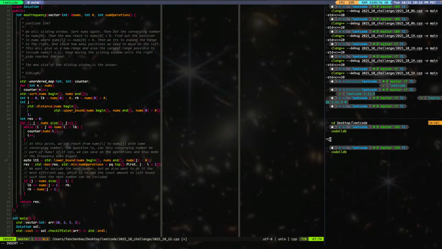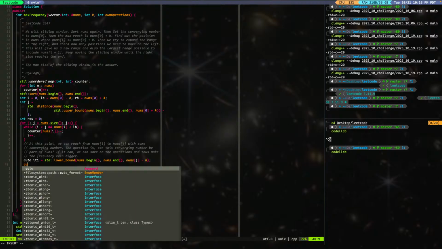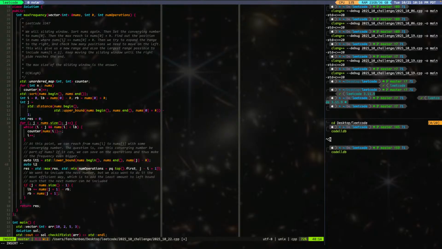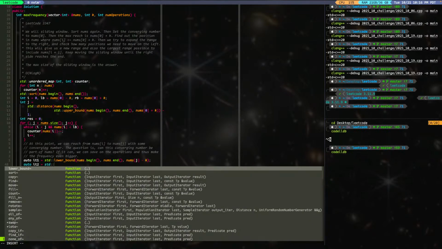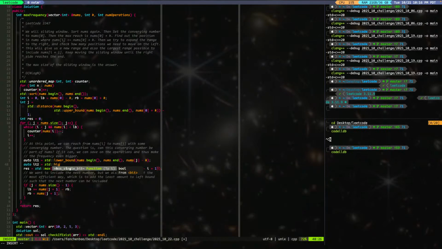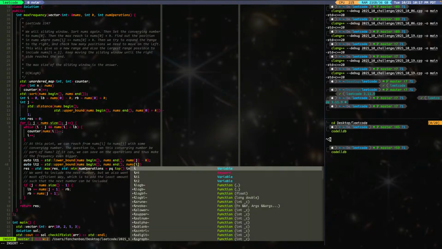So this is an auto it2. This will be a upper bound, nums.begin, nums.end, nums[i], because this is the left. Because we can do left, we want to know which one can reach this, right?